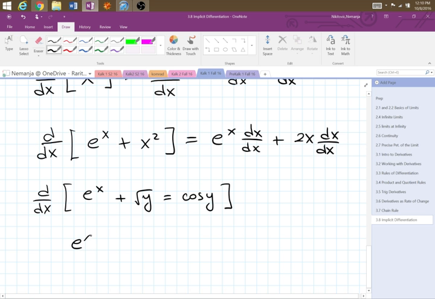Derivative of e to the x is e to the x followed by its chain dx dx, because you took the derivative of x in respect to x, plus the derivative of square root of y, which is 1 over 2 root y. Probably sick of this derivative already. Followed by its chain dy dx is equal to derivative of cosine y is, very good, followed by the chain dy dx.